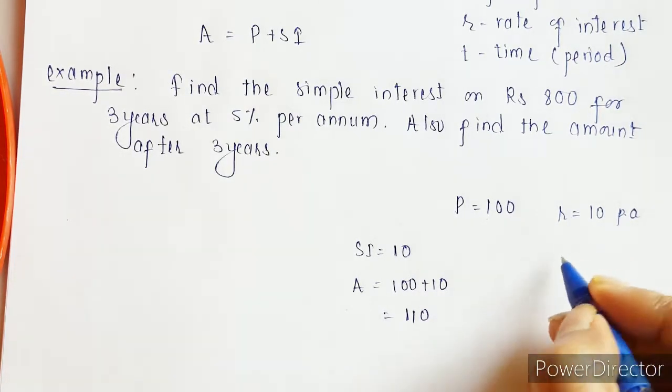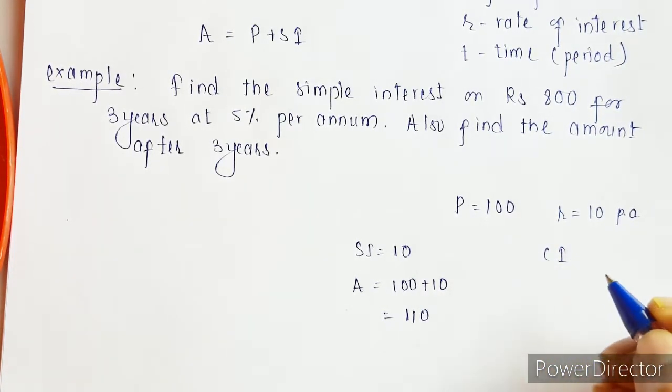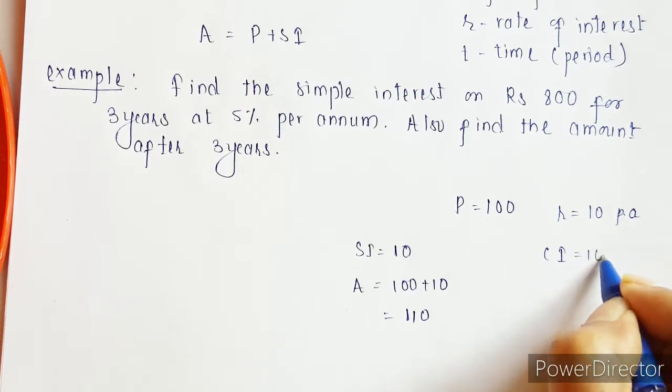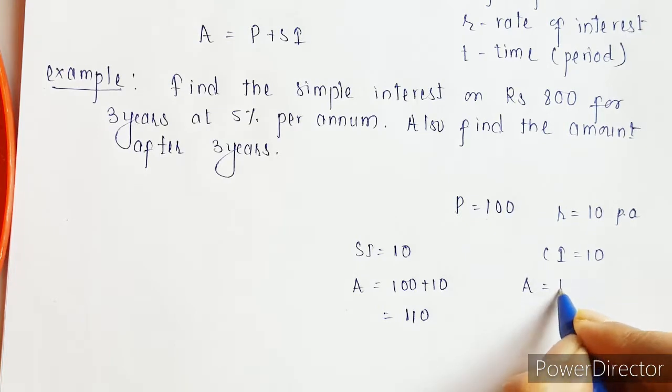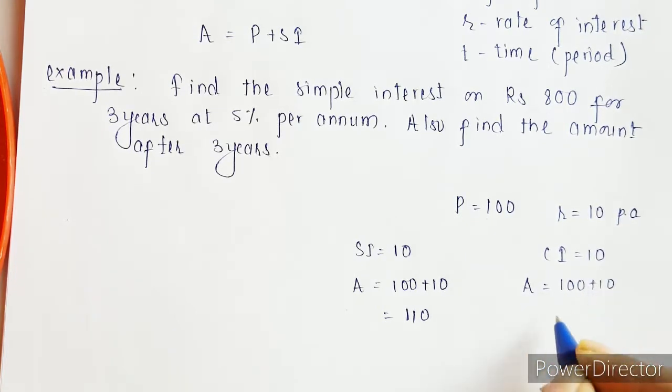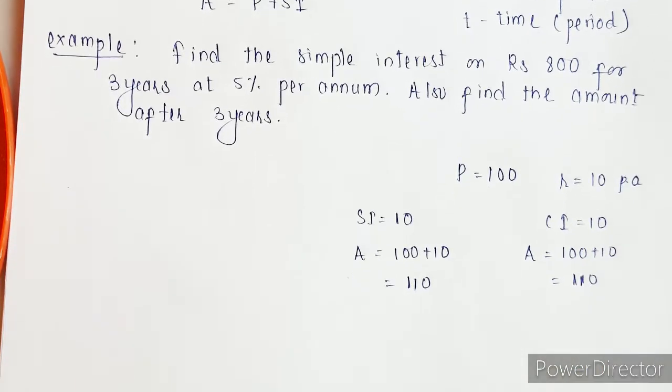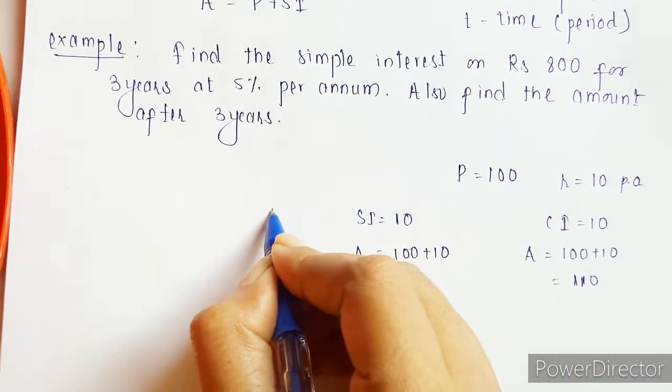If we talk about compound interest, here also we are going to get 10 rupees, and at the end of first year, here also we have 100 plus 10, that is nothing but 110 rupees. So this is about the first year.